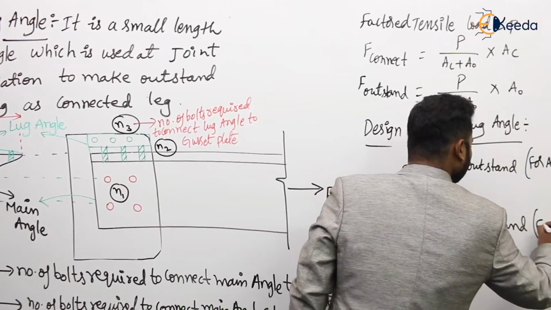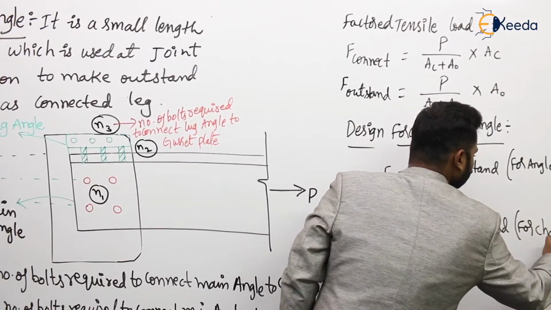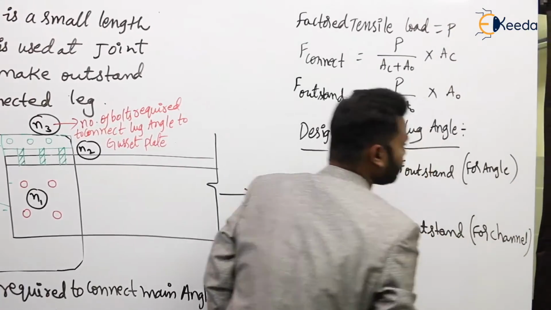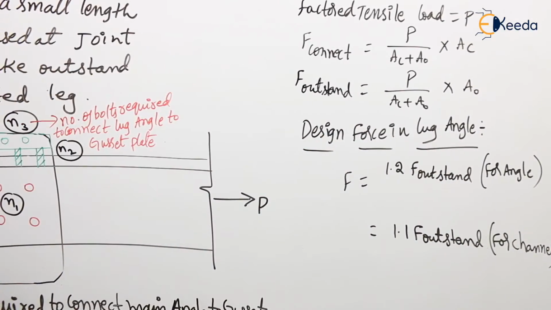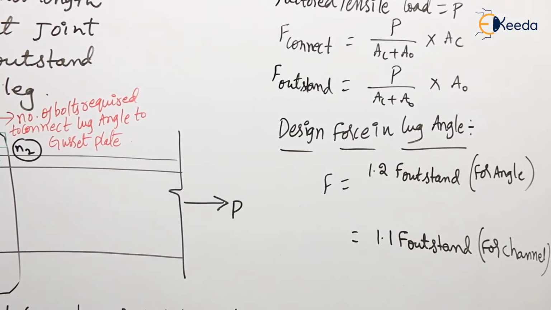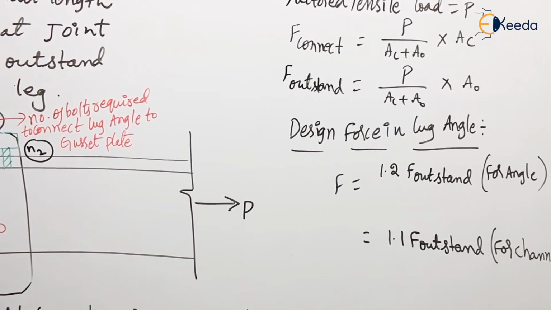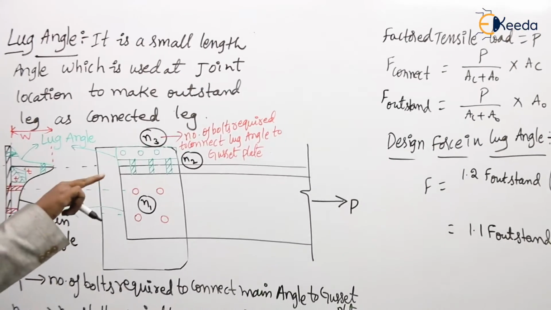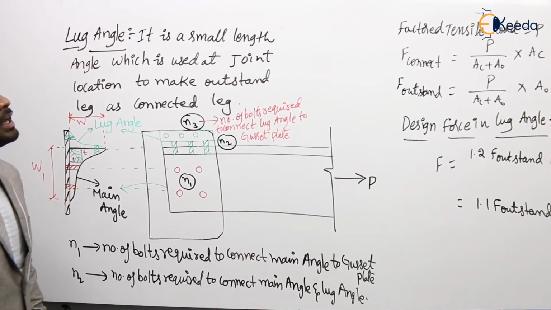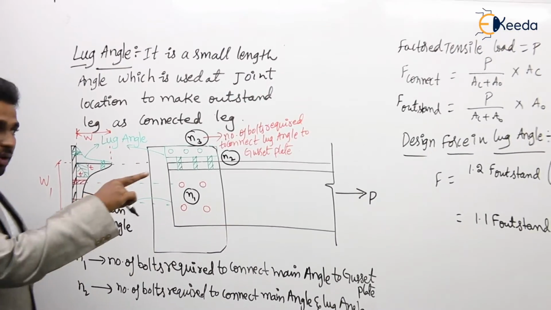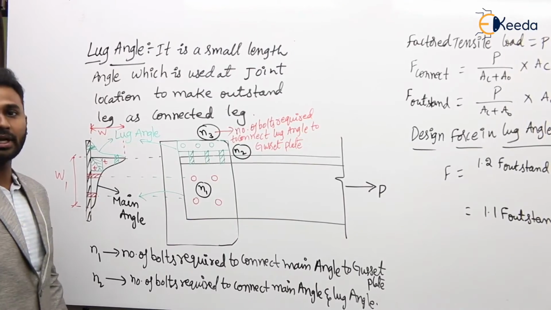So this is for the channel. So this is the design of the lug angle. For that force we have to design. If we use an angle, then the design force of the lug angle is 1.2 into the force in the outstand. If we use a channel, then we have to take 1.1 into the outstand force. Agree? So take it up.